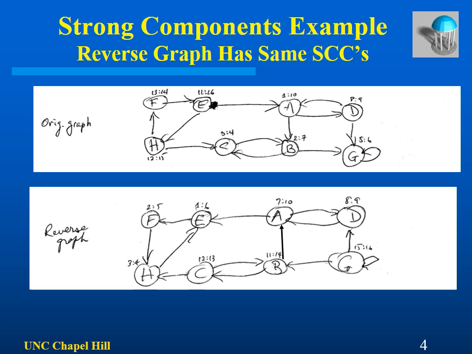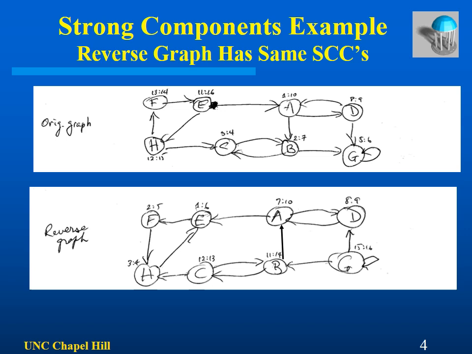Note, however, that if you have a strongly connected component in the original graph, you have the very same strongly connected component in the reverse graph. Take the FEH example. You can get from F to E and E to H and H back to F. There's this nice cycle there. And now the cycle is reversed, but you still can get from F to H and H to E and E to F. So if there was a path from everything to everything, then likewise the same thing happens in reverse.